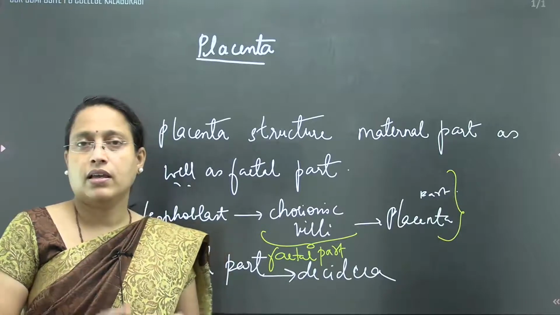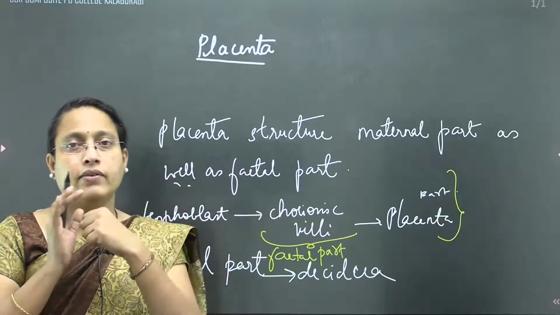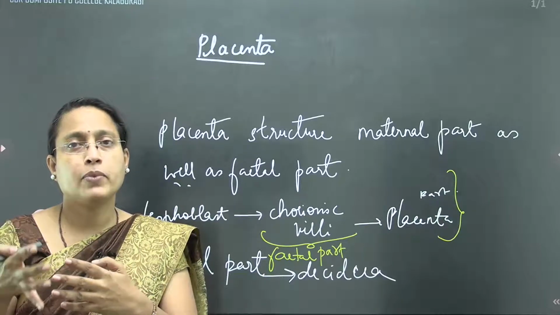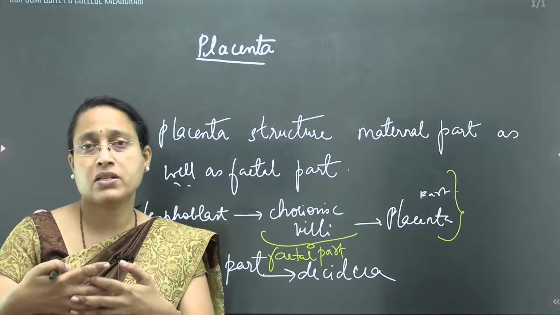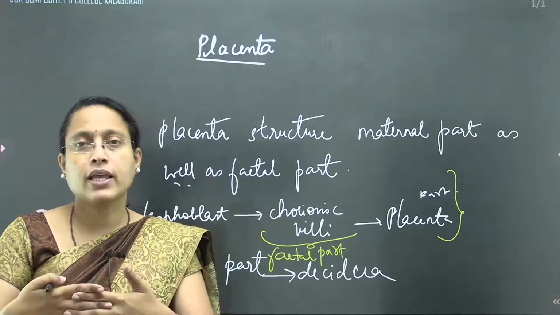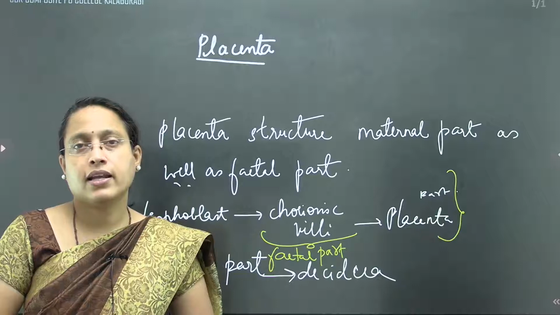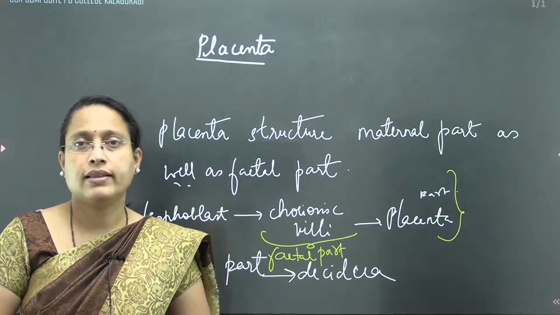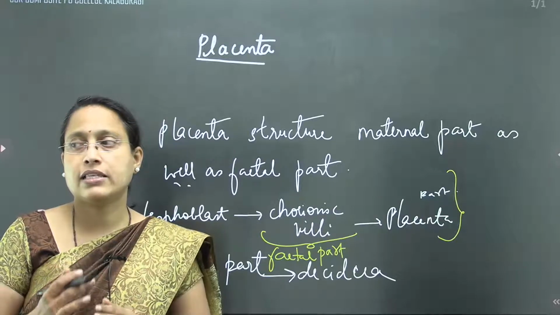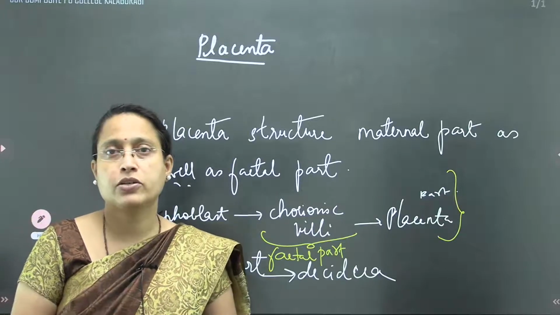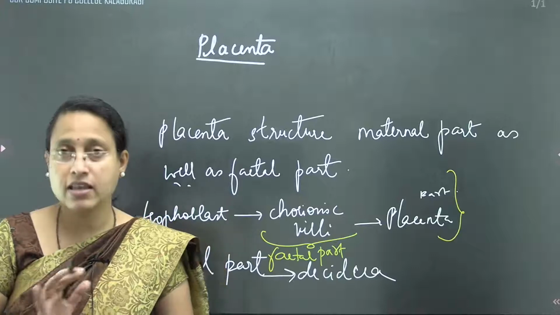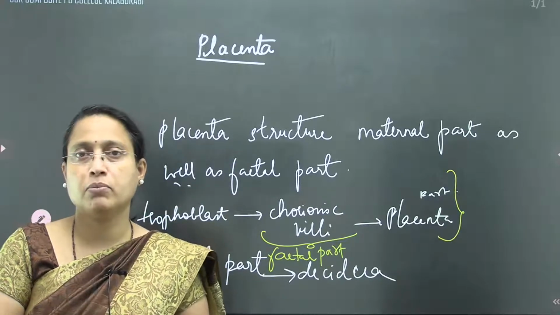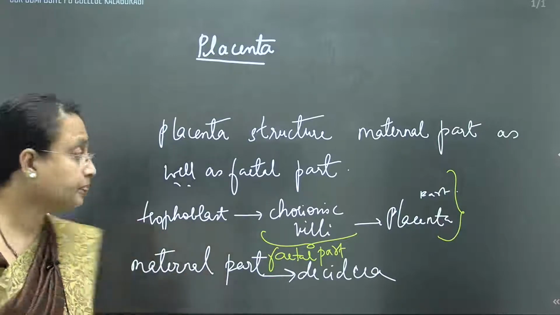It means from the developing fetus, it will be the chorionic villi, and from the maternal part, it will be the decidua, especially the decidua basalis. Together they form an intricate connection, forming a structure called the placenta. That acts as a structural as well as functional, physical and physiological connection between mother and fetus.